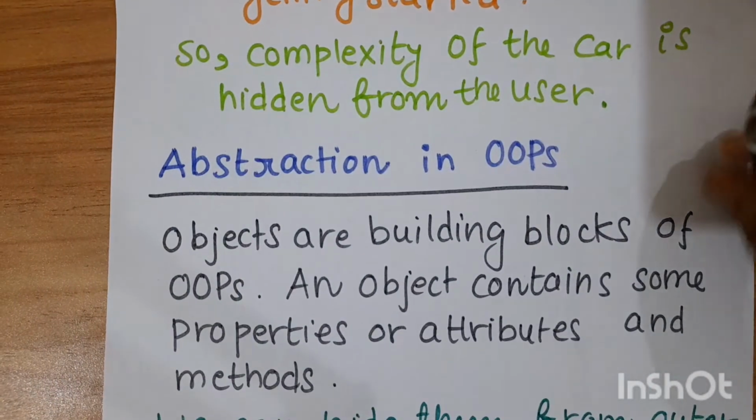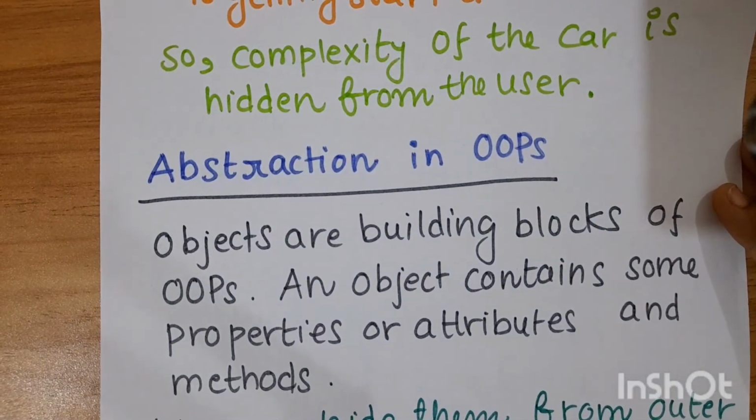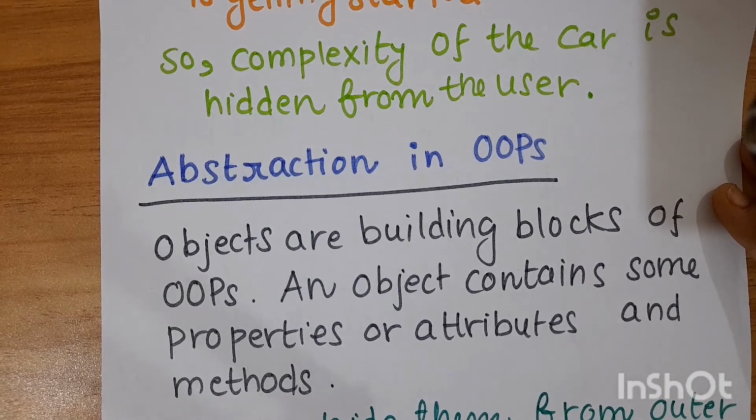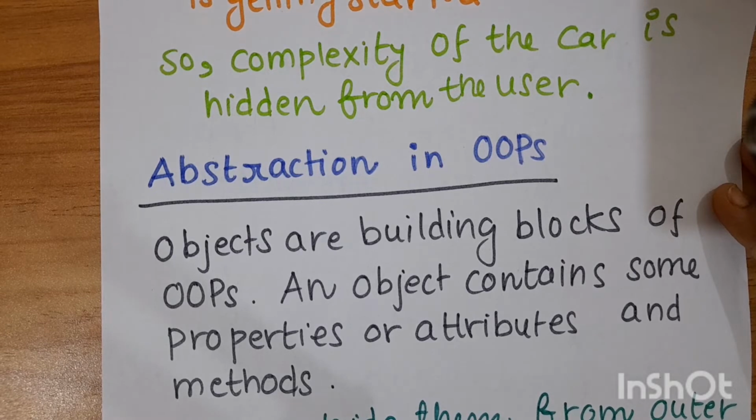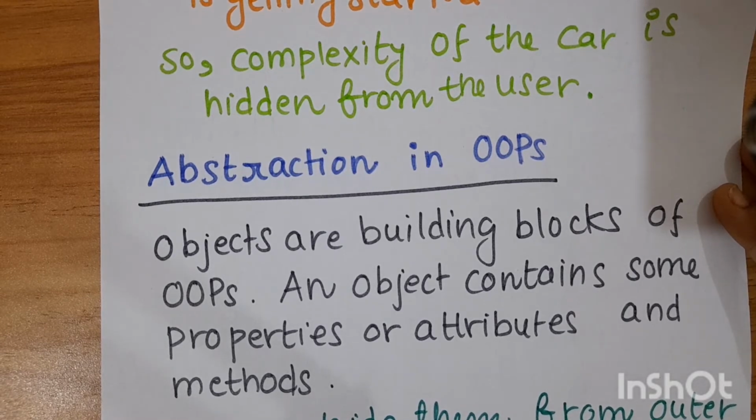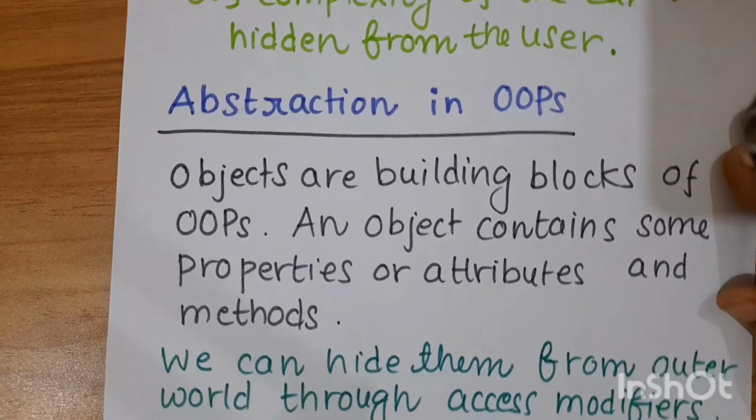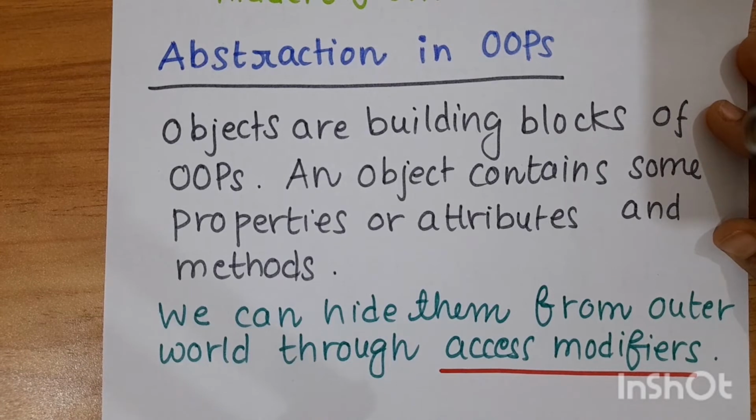So abstraction in OOPS: objects are the building blocks of OOPS, and objects have the attributes and the methods, and it is not necessary that all the attributes and all the methods would be accessible to the outer world. So we can hide them using the private and public keywords.